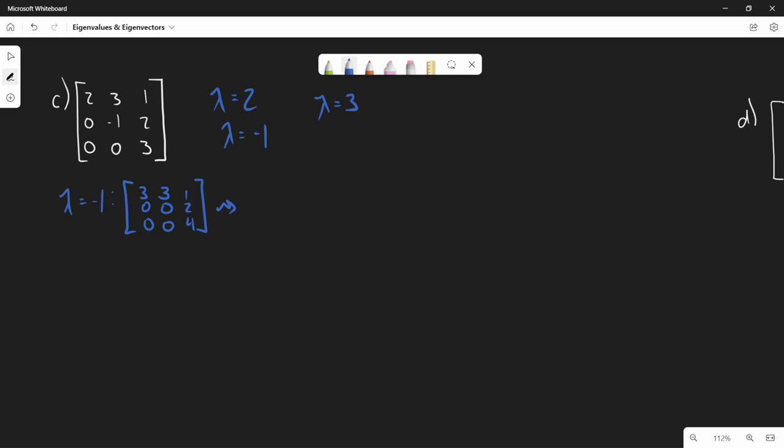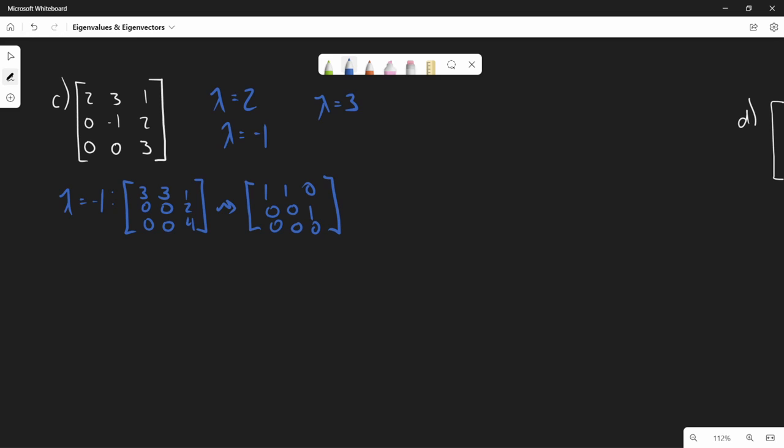Remember, this has to be equal to the 0 vector. When you put this in row reduced echelon form, you will get 1, 1, 0, 0, 0, 1, then 0, 0, 0.